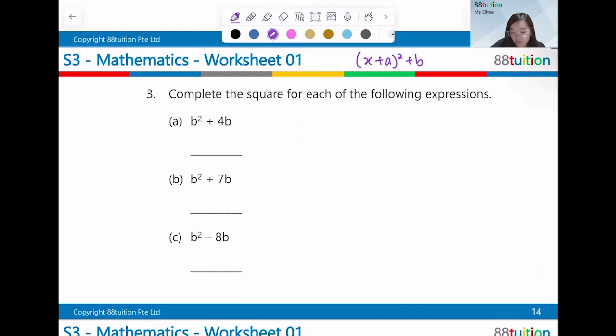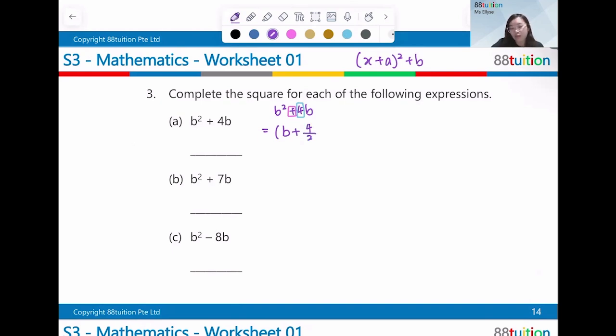Okay, so let's start with part A. So part A, you have b squared plus 4b. So the technique is that because this guy is a plus, I'll just go ahead with starting with the factorization only. So b, then is a plus, so I'll put a plus here. The number that you see here, the 4, I'll just go ahead to divide by 2.